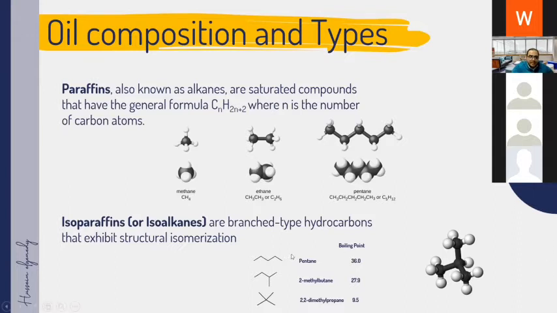This is an example: the pentane boiling point is 36, but the other isomers of pentane differ in boiling point, which is very significant. We must consider this when we are dealing with the isoparaffins. It's a change in the physical properties.